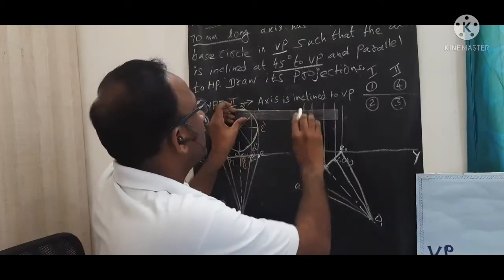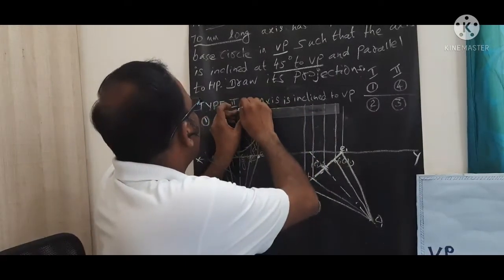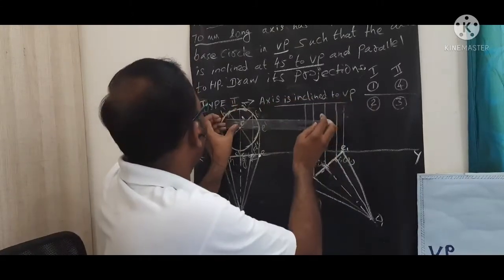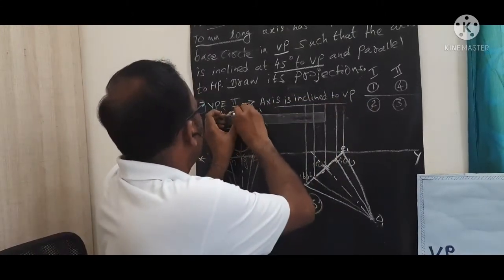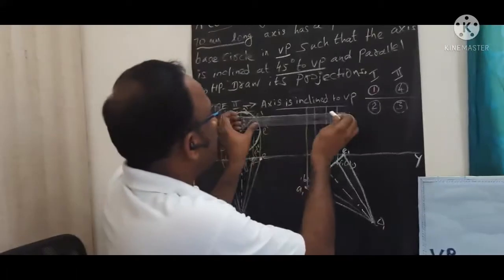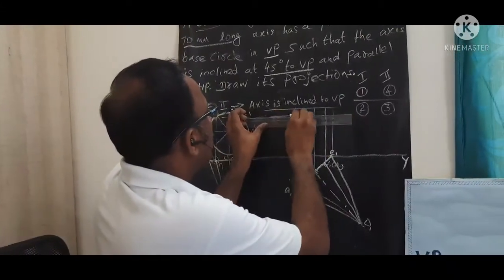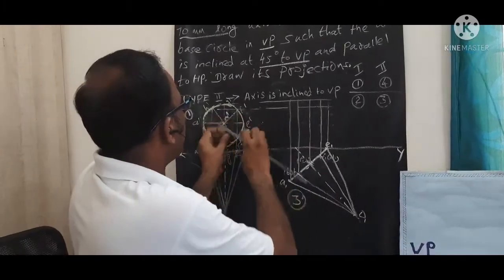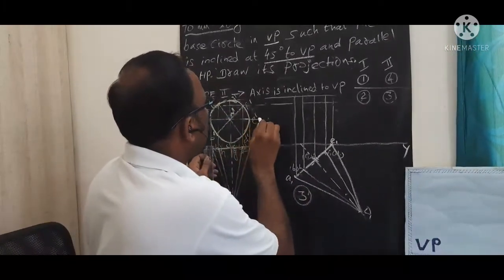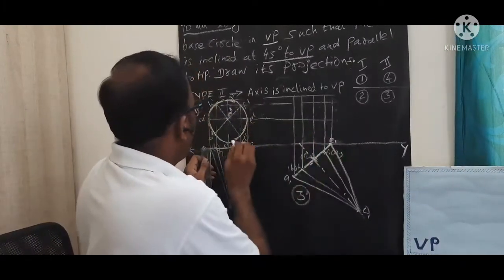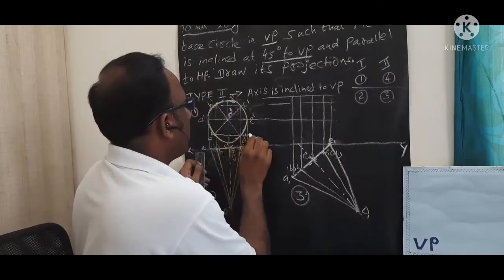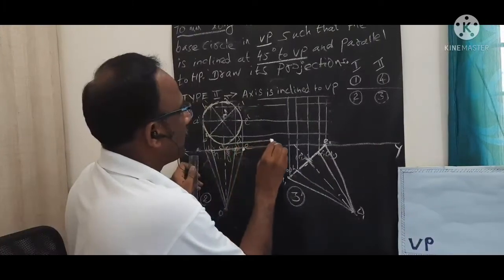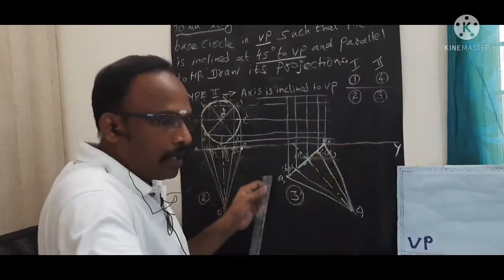Corresponding to the front view, we need to draw the horizontal lines, from this point and from B and B dash connecting point. So I need to draw all the horizontal lines.